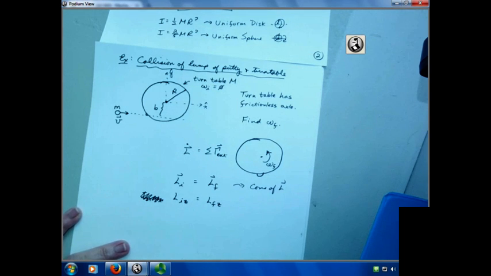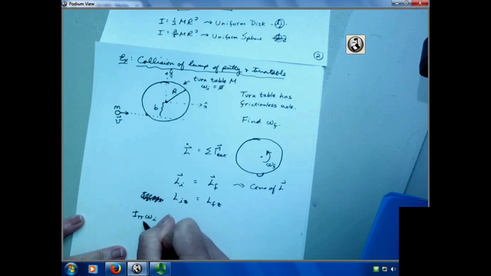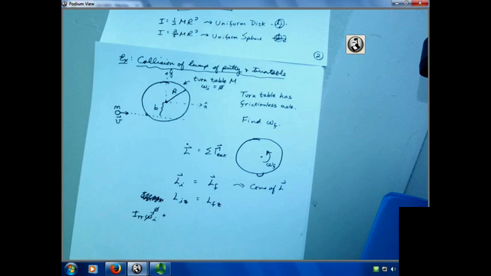All right, then I get away from the vector equation. So I've got I of the turntable times omega initial of the turntable, which we noted was 0, plus, and I'm going to let you guys complete that line, on both the left-hand side and the right-hand side of the equal sign.